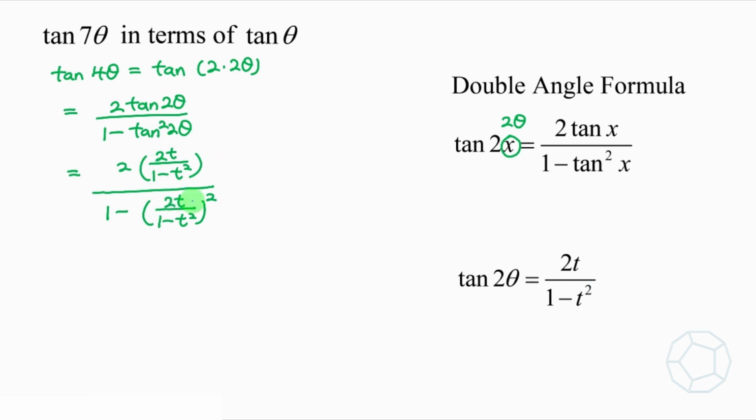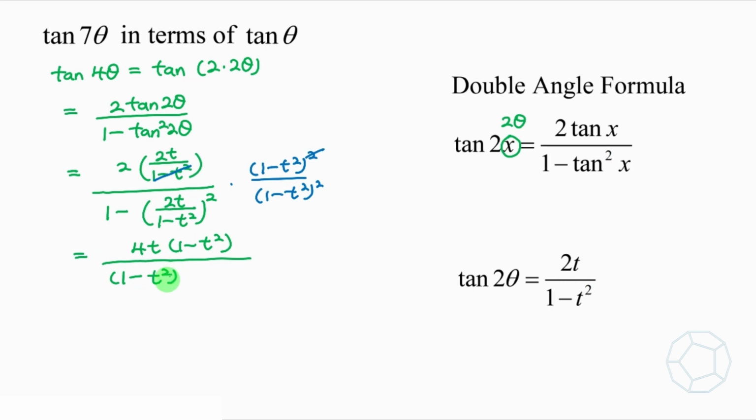Again, to simplify the fraction, multiply both numerator and denominator by 1 minus t squared whole square. Then in numerator, 1 minus t squared is cancelled out. Then it is equal to 4t times 1 minus t squared in the numerator, and in the denominator 1 minus t squared whole square minus 4t squared.